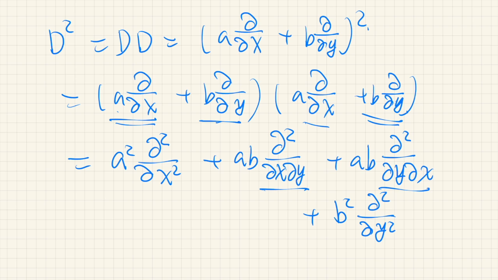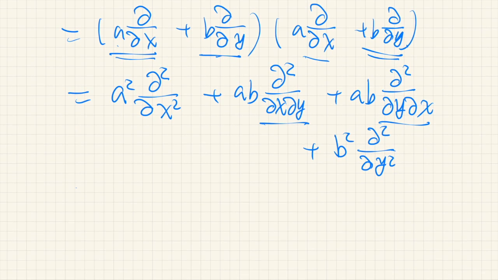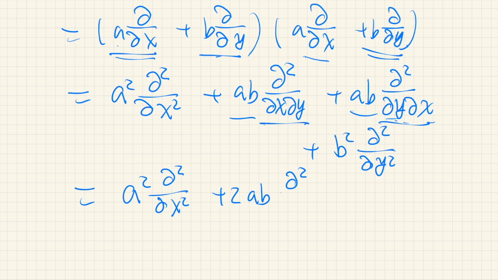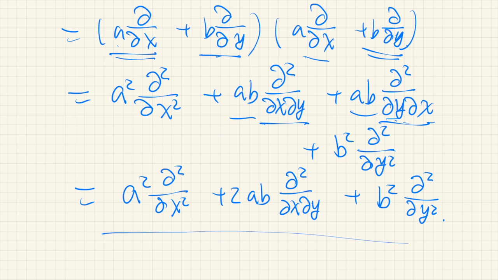Now if we only consider functions that are of class C infinity, so smooth functions, then this and this are the same thing. So we can swap the order of differentiations here. So we have something like this: a squared d squared over dx squared, plus 2ab d/dx d/dy, plus b squared d squared over dy squared.